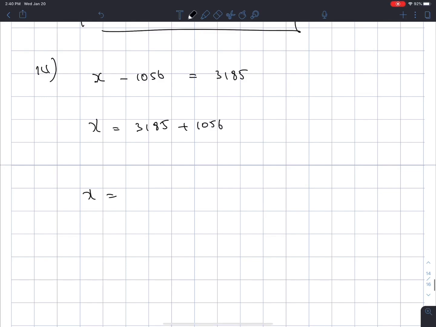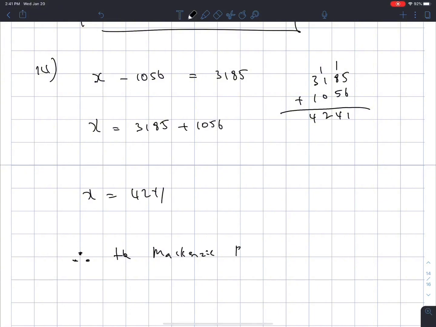And that will give me the answer. So these three dots mean therefore, the Mackenzie River is 4241 km in length.